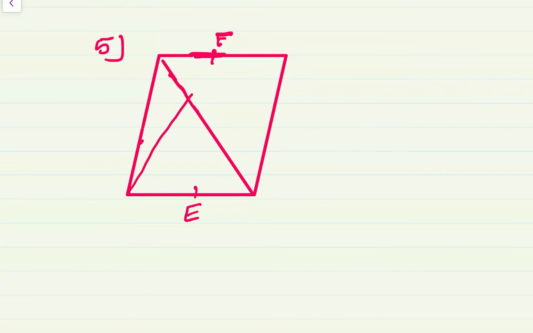If I join AF and EC, I get a figure like this.